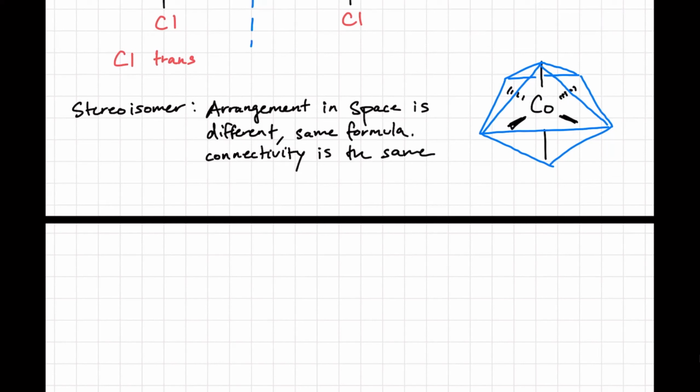If you are dealing with structural isomers, you're going to see a whole lot of this for those that are taking OChem. If you have a structural isomer, that means your connectivity is different.